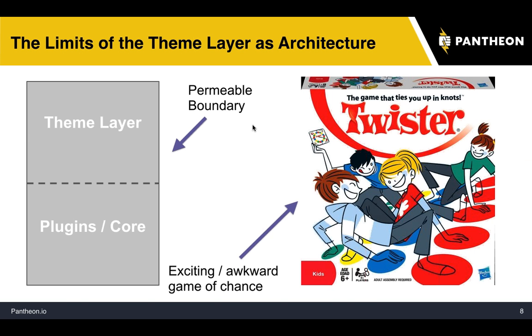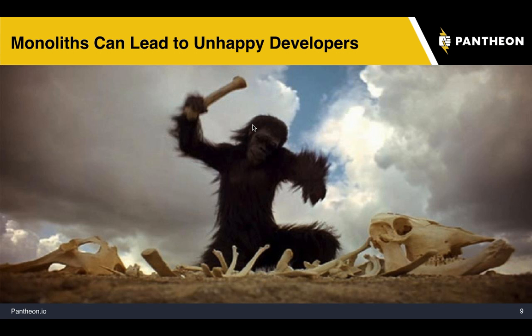Building the website kind of becomes a game of Twister, which, as we all know, is fun at parties, but it can be an exciting but awkward game of chance. You might end up all twisted up with your face someplace it doesn't want to be. And this can lead to ragey developers. I've experienced this myself in my career many times over, and I'm sure many of you on the webinar have as well.